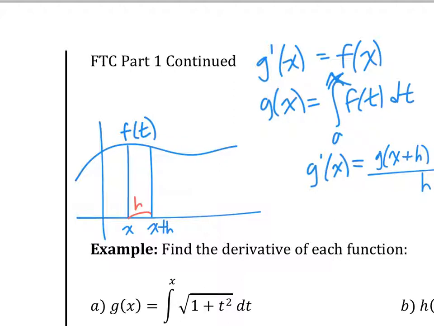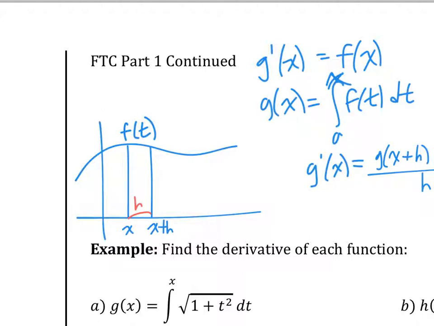The point itself here is f. This is the curve f. So where is g? Not the height. Is it area? Yes. Remember, g is the accumulation of f, so g is the area underneath this curve. So g of x plus h is this area.